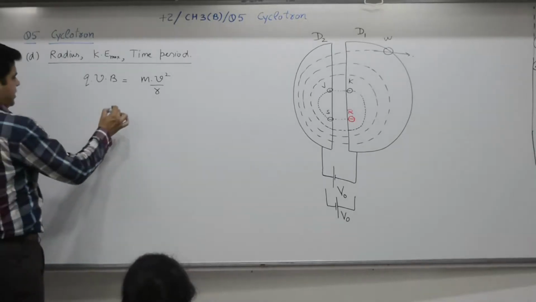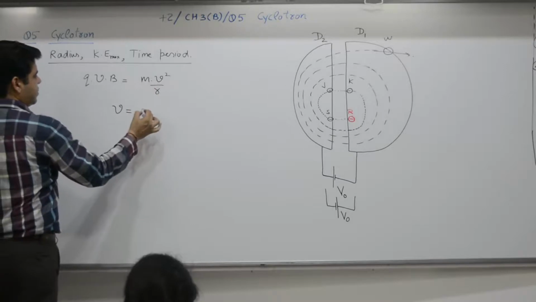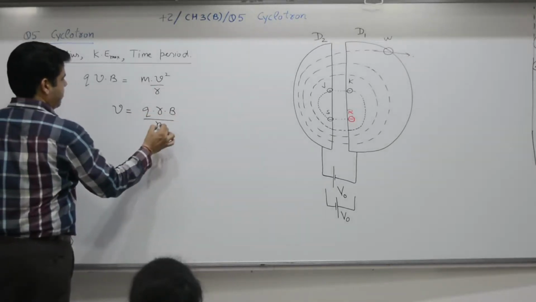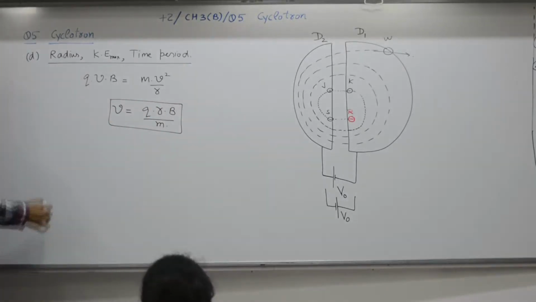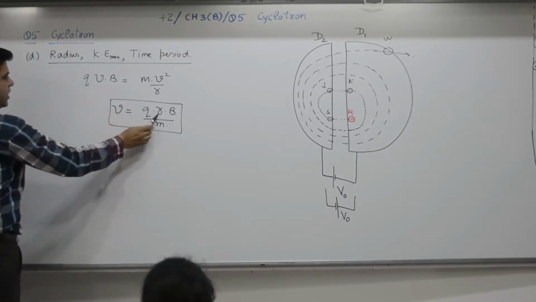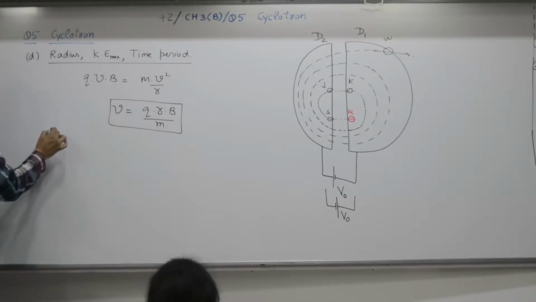So what you get is V is equal to what? V cancel, V is equal to QRB by m. Or if in case you want to find out radius, R is equal to what? mV by QB. Then you have kinetic energy.